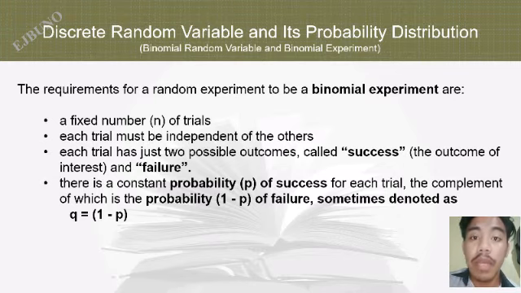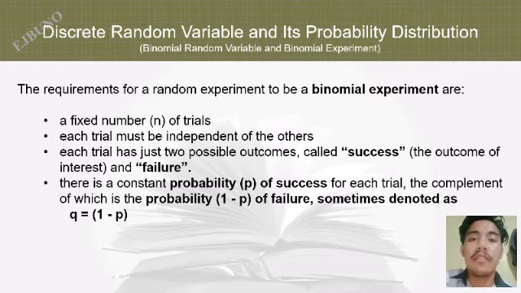Then this will be a binomial experiment since the 10 trials are independent and the probability of success is one half for each of the 10 trials. And finally, there is a constant probability of success for each trial, the complement of which is the probability of failure, sometimes denoted as q, which is equal to the quantity 1 minus p.